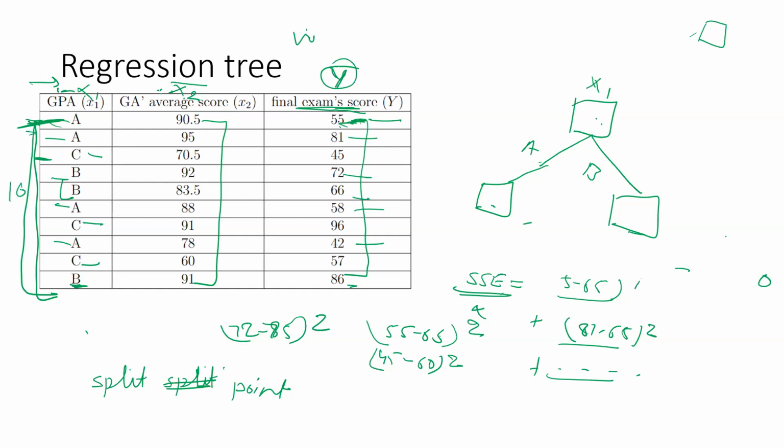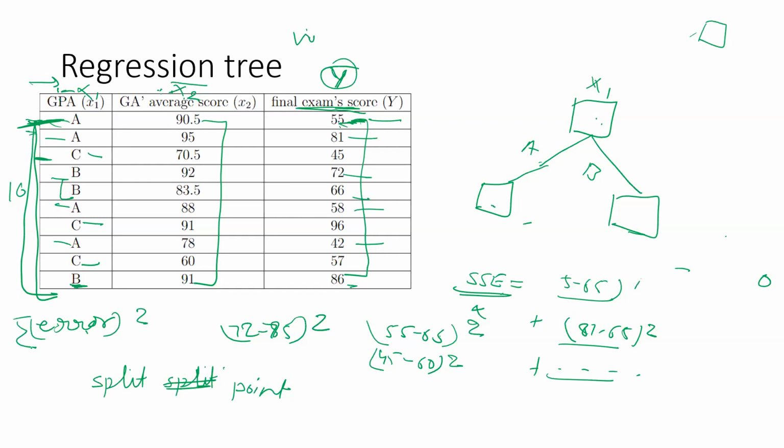For all 10 examples, I found the error. Now we've got 3 errors: one for A, one for B, and one for C. Just add those up. We don't have to take the average of that, no. You need not worry about that.